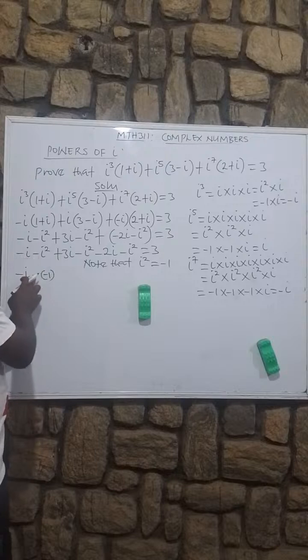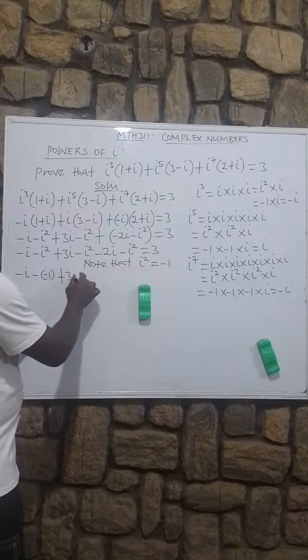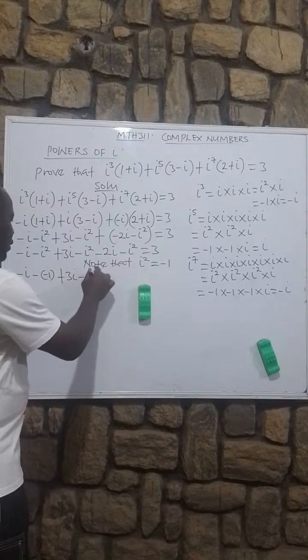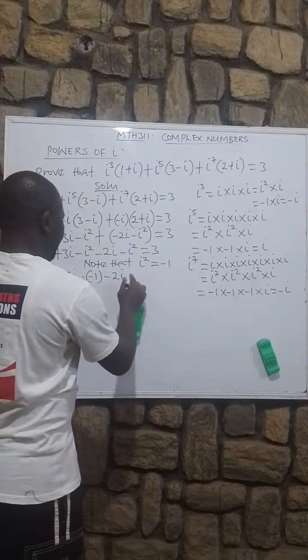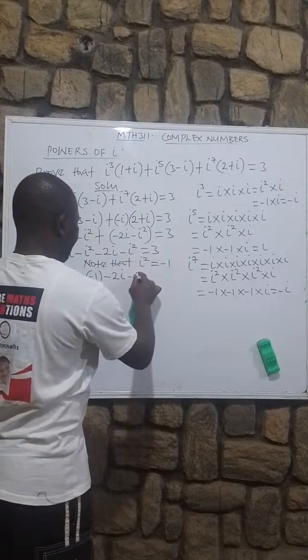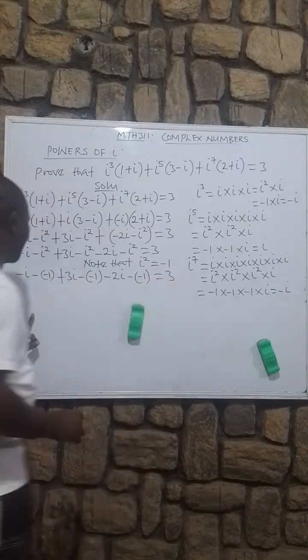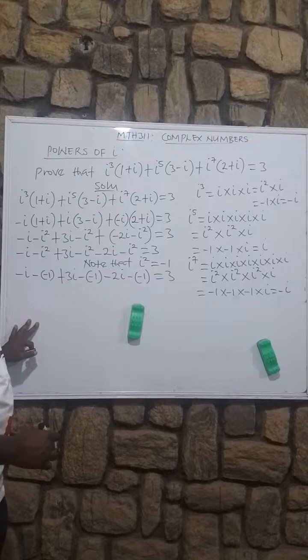Plus 3I, the same thing applicable, minus 1, minus 2I, then minus open bracket minus 1 equals 3. Amen?